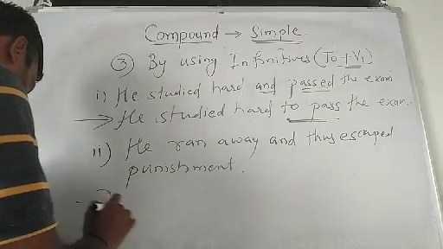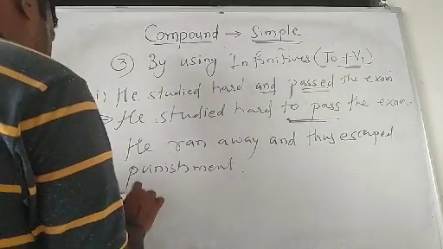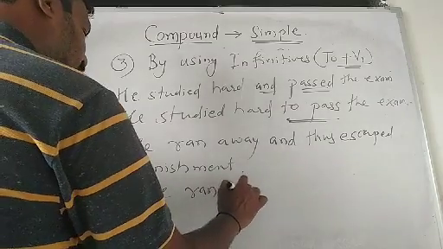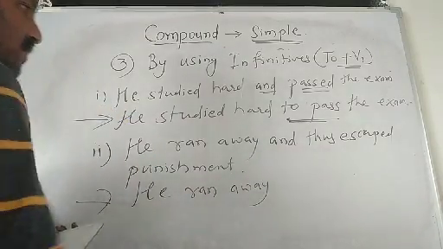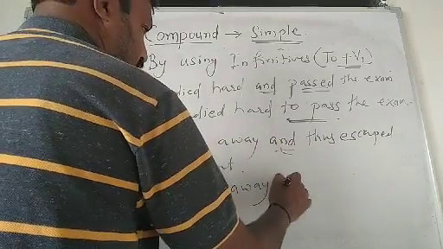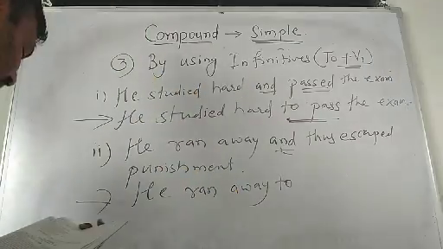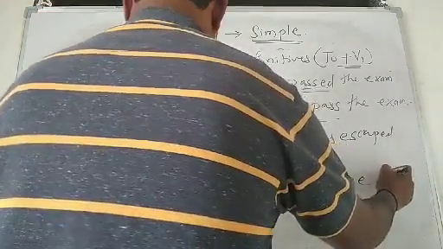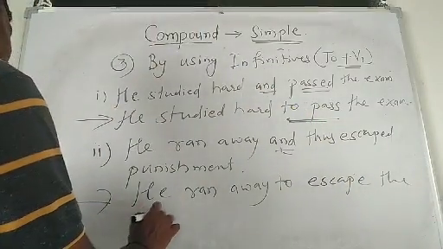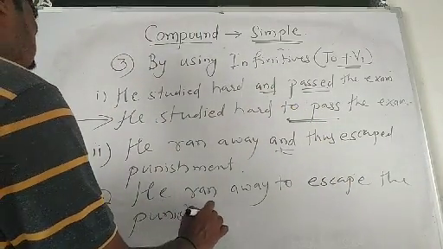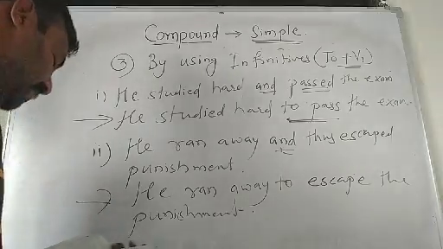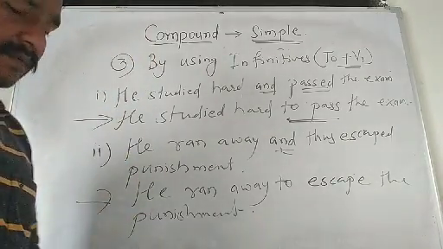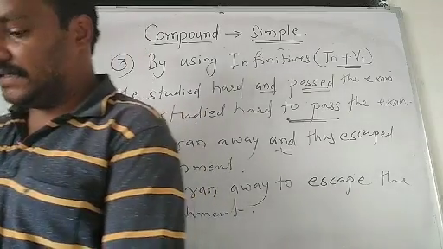So this sentence we have to change by using the verb first form. "He ran away", same thing, and "and thus" becomes "to". He ran away to escape the punishment. In this way we have to change such sentences into simple sentences.